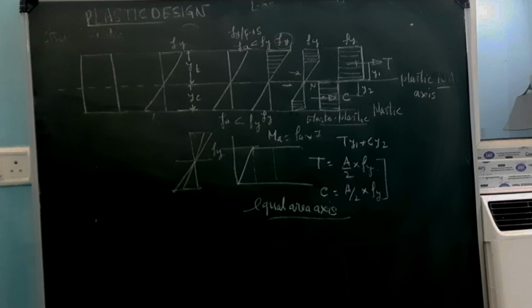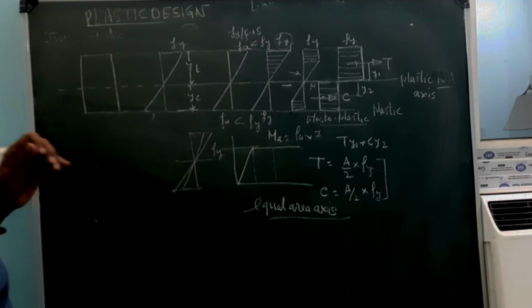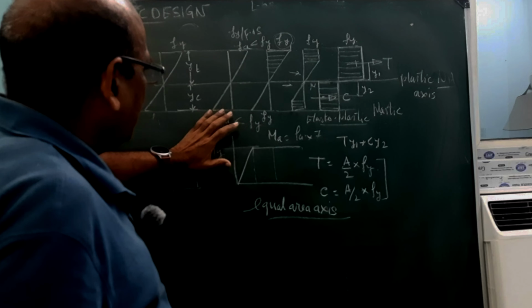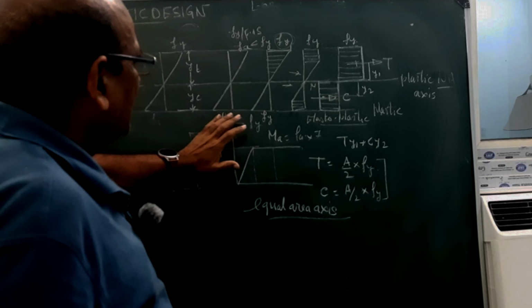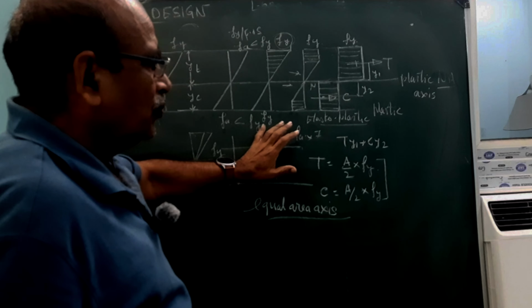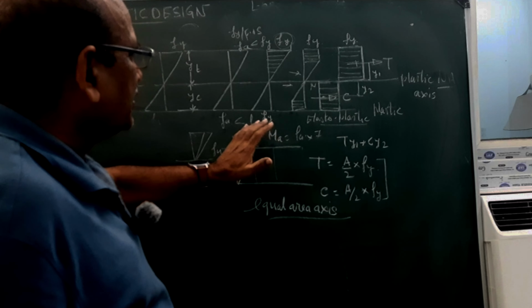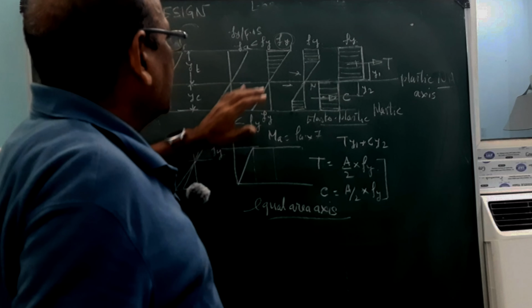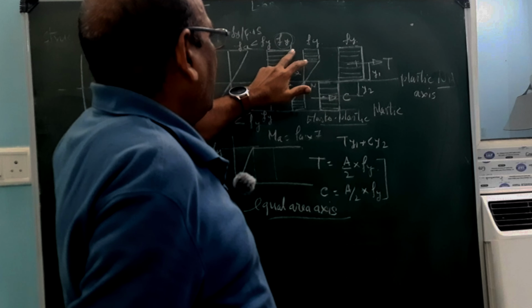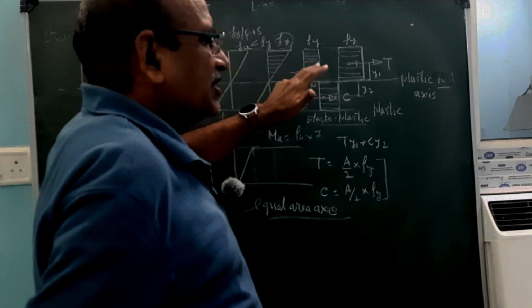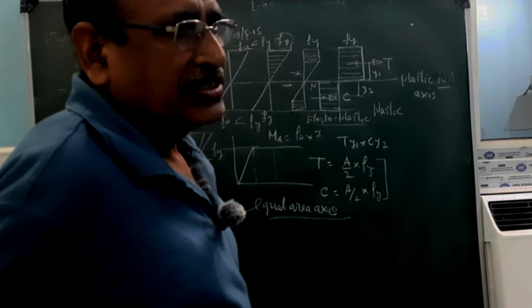So let us try to understand this in this diagram. This is your elastic stress diagram. It behaves from the working stress up to the yield stress, which you can design in elastic. You can take the moment like this, but for the deformation in plastic, you have to increase the strain without increasing the stress.